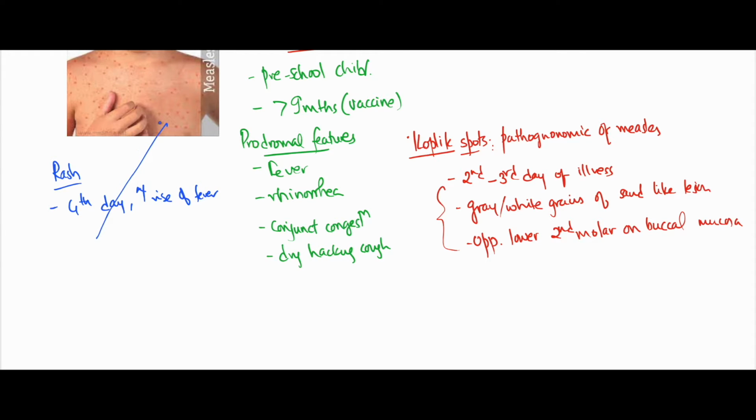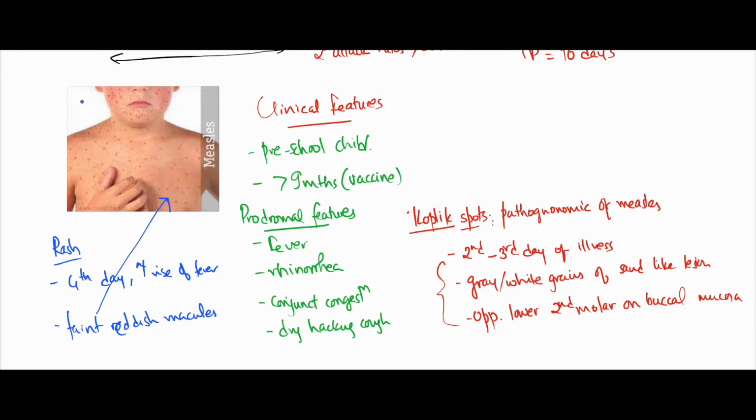It appears as faint reddish macules, firstly behind the ears, along the hairline. Okay, from there to the other hairline, on the posterior aspect of the cheek, as well as in the cheek.